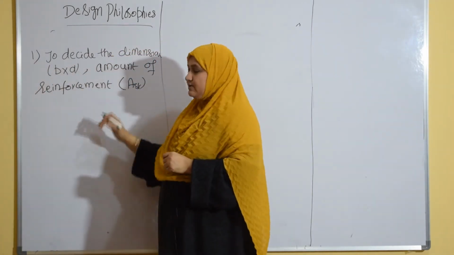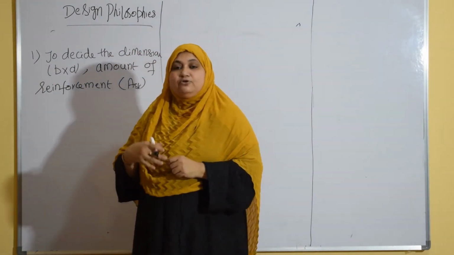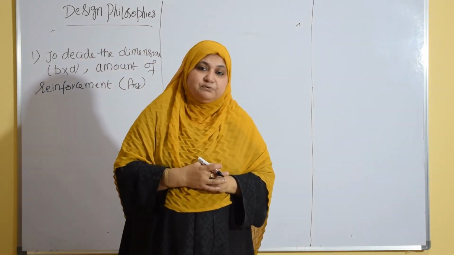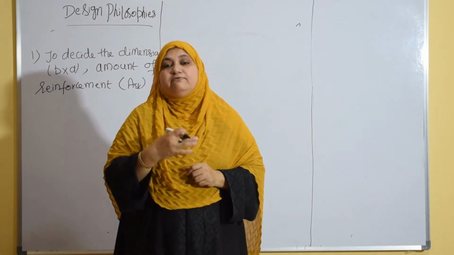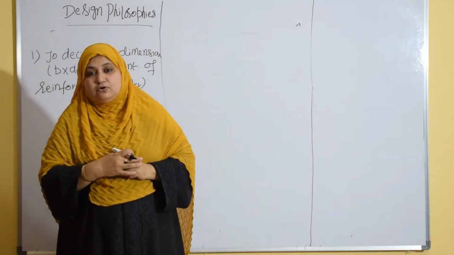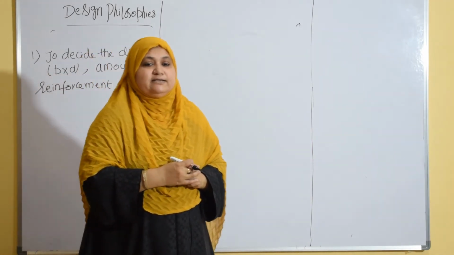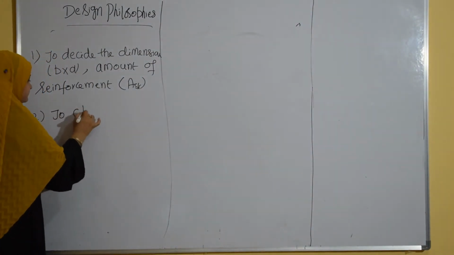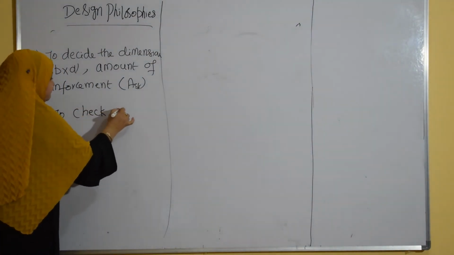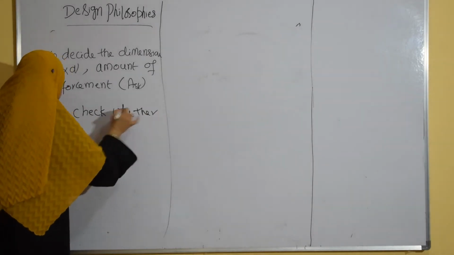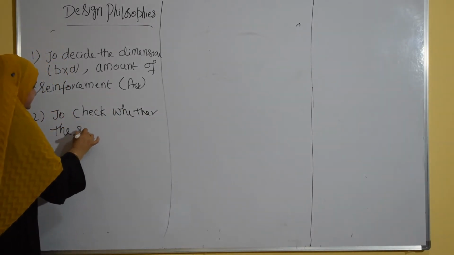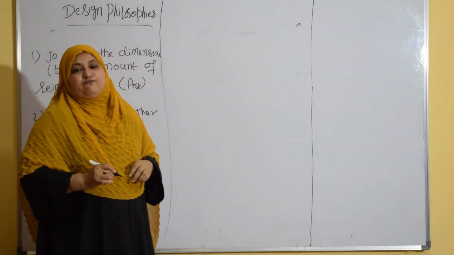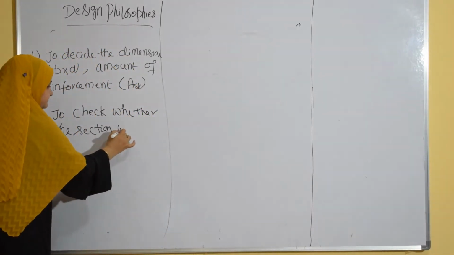Fine. So once you design this, you cannot simply go and give it to the engineer or supervisor on the site. Because whatever you have done, is it correct or not, you have to check. So the second thing is checking, to check whether the section will perform satisfactorily.